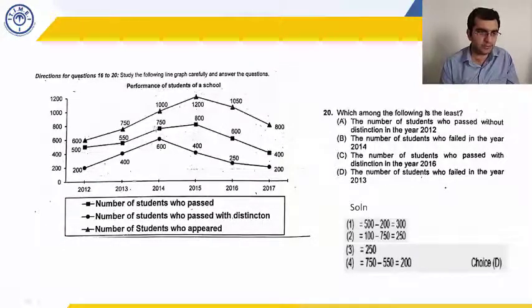Students who failed in 2014 will be 1000 minus 750, that is 250. Passed with distinction in 2016 is given as 250. Failed in 2013 is 750 minus 550, that is 200. Okay, so you get the answer. So let's continue.